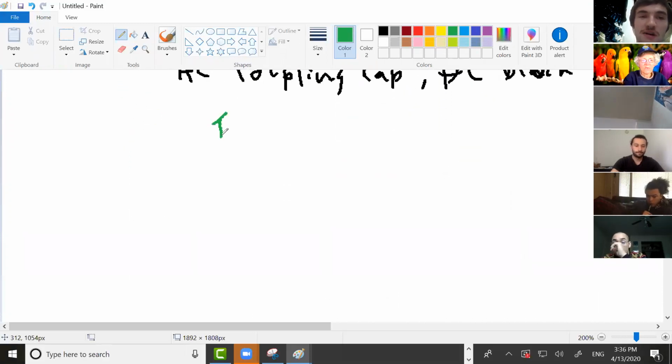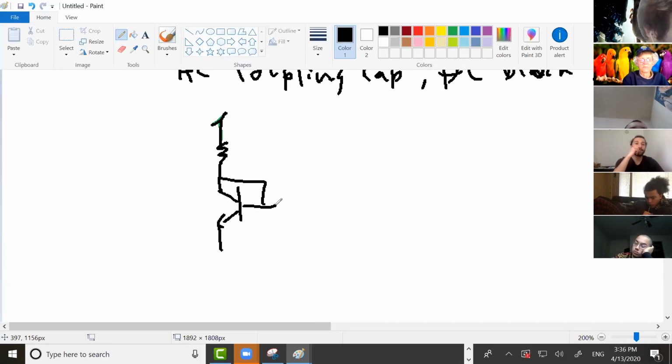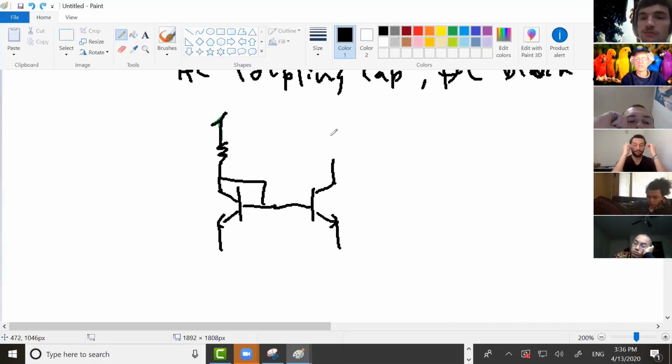So there's actually a way to protect your circuit. I'm not drawing in ground yet. Again, next week, this will be turned into a common emitter by putting a resistor up here, but for this week, we'll leave it like that.